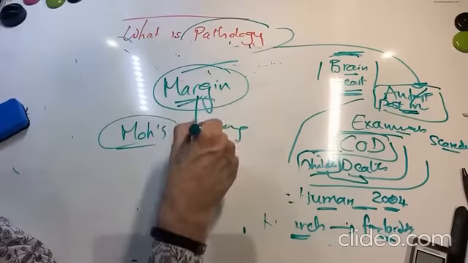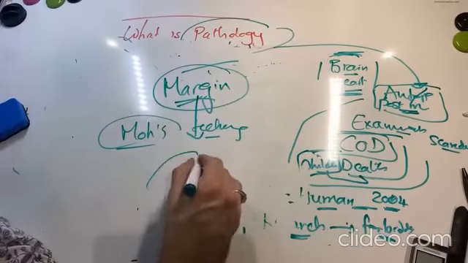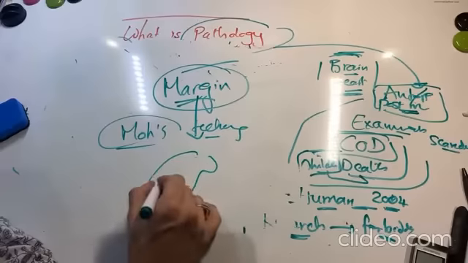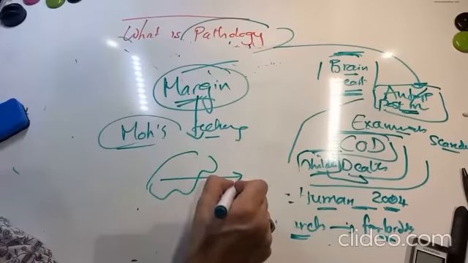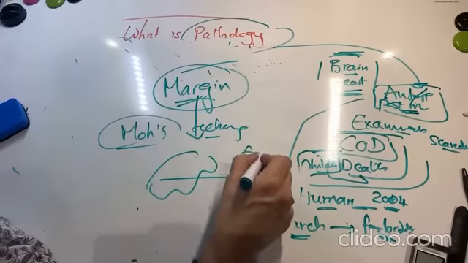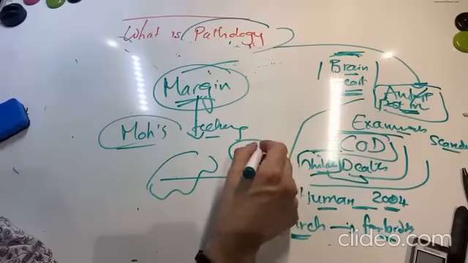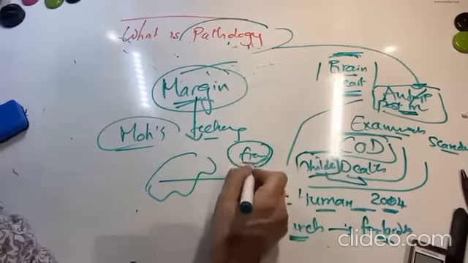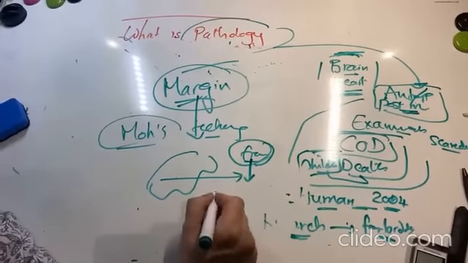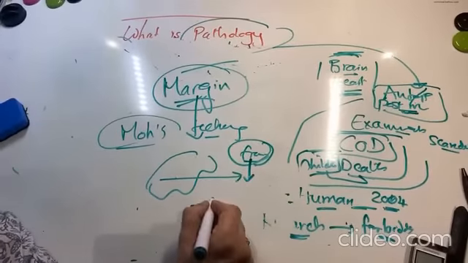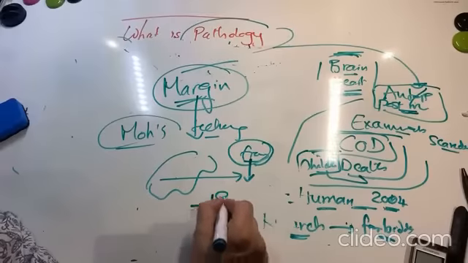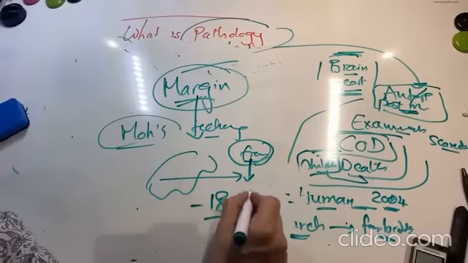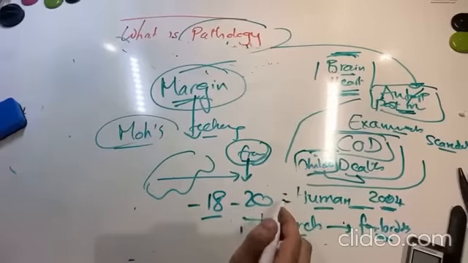But for margin comment in frozen section, you get the tissue that is fresh, and you put it in the frozen section machine, and you make the temperature go down to -18, -20, or even more, in order to make the tissue hard.